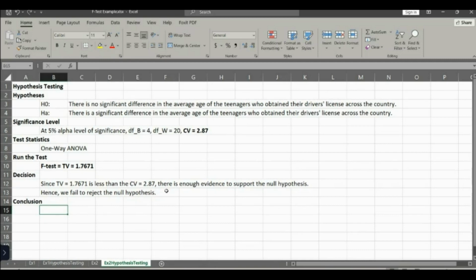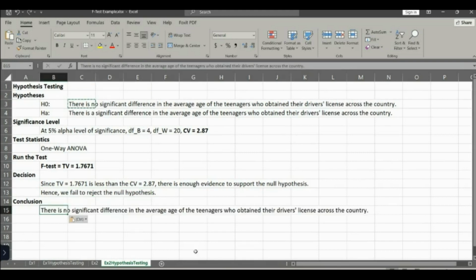There is no, sir. Okay. You did not reject the null, so you will be using its statement that there is no significant difference. You only use the alternative if you rejected your null, right? If the TV is greater than the CV. Okay.